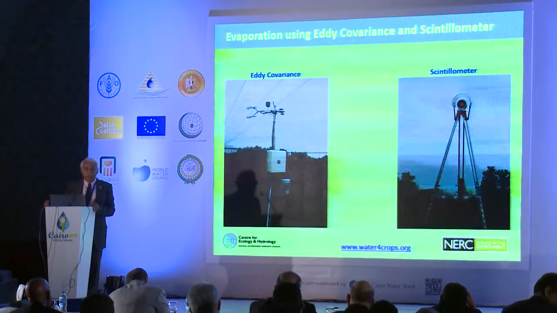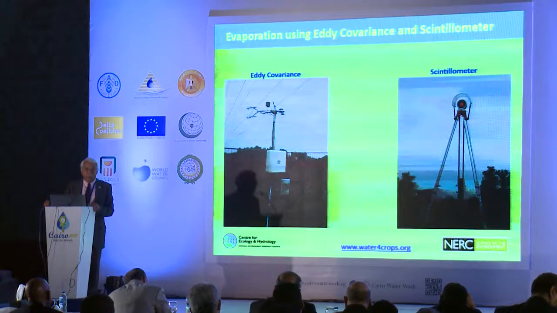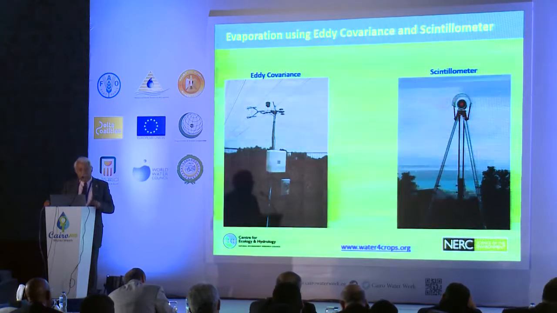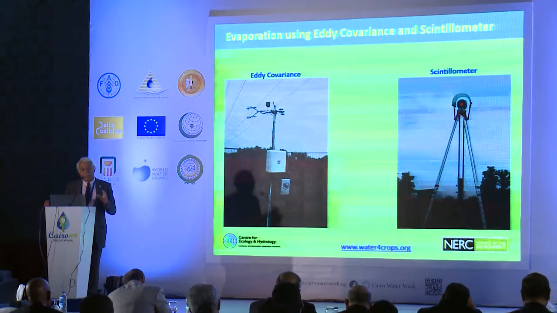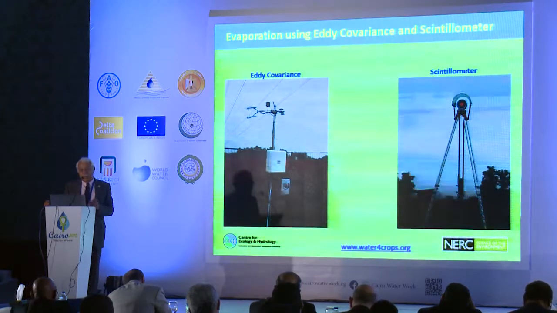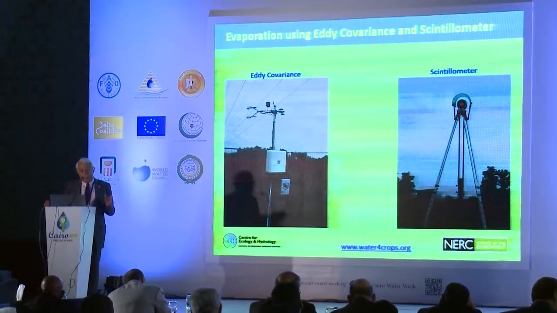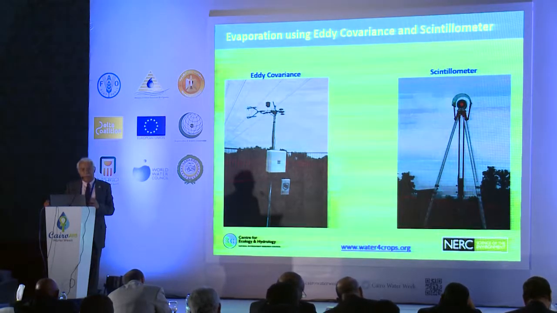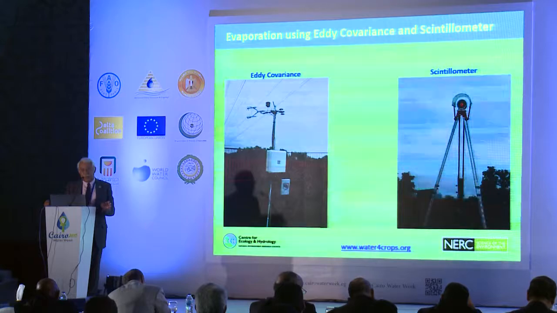Then we went to use scintillometers, which is a bigger scale. Scintillometers come in between the satellite or remote sensing scale and the point scale. Sometimes we call it the mesoscale.